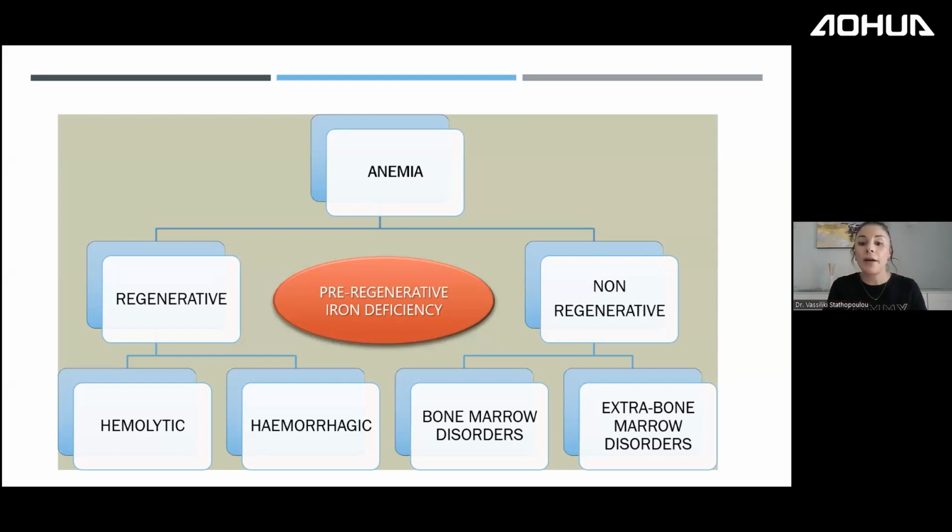And also we have to always keep in mind the pre-regenerative response, to wait for it. A lot of people say, oh, no, it's not blood loss because I'm past 3 days and there's no regenerative response. It's between 3 and 5 days that you could have the regenerative response, even past a week that you might have it. So do not differentiate anemia on this basis.